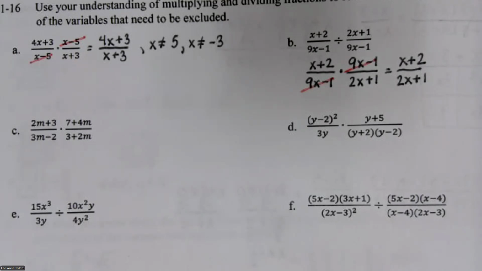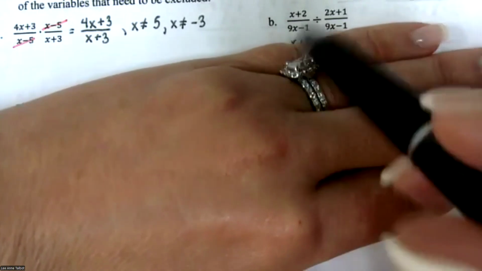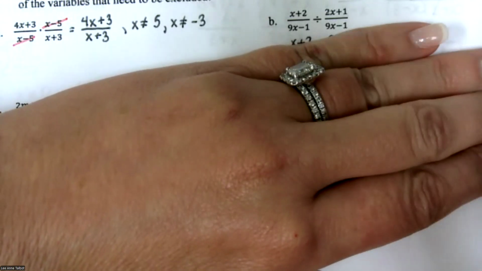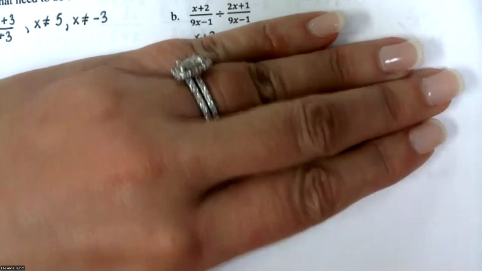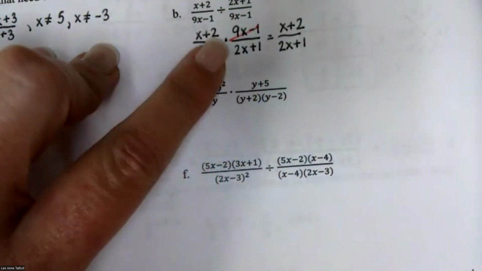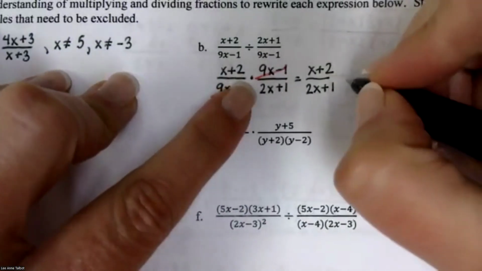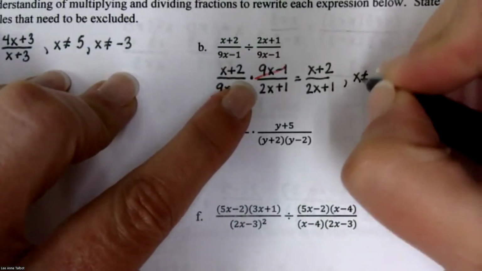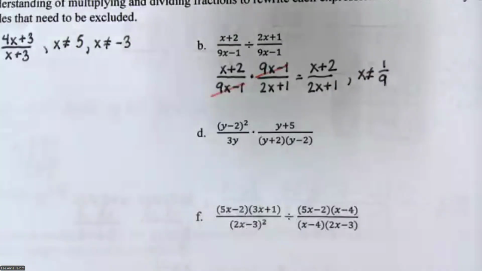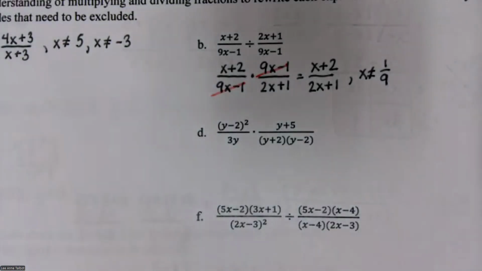Okay, what I mean by that is look at the original problem. What's in the denominator? 9x minus 1. So one of the excluded values is 1/9. Okay, is that okay?